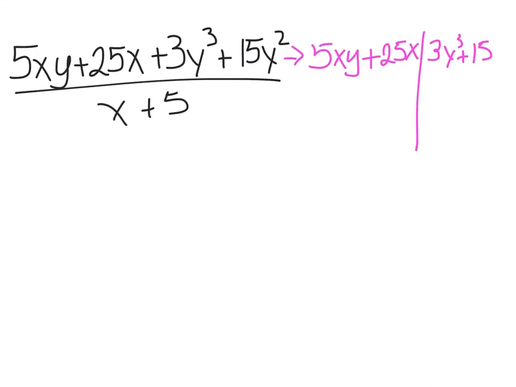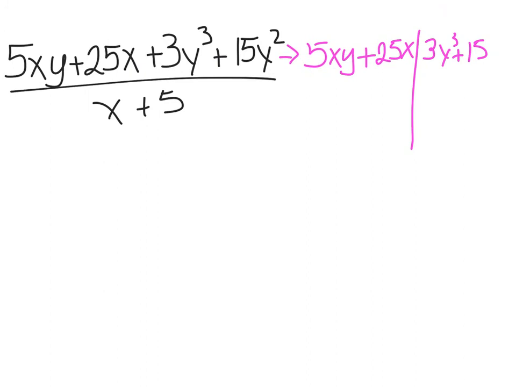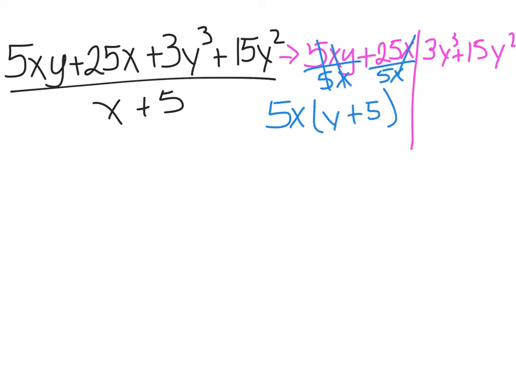Let's scoot that over just a little bit more. 15y squared. On the left, I can definitely pull out that 5, and both terms have an x. So I'm going to divide those by 5x. My x's are gone, my 5's are gone. That leaves me with a y plus 5.